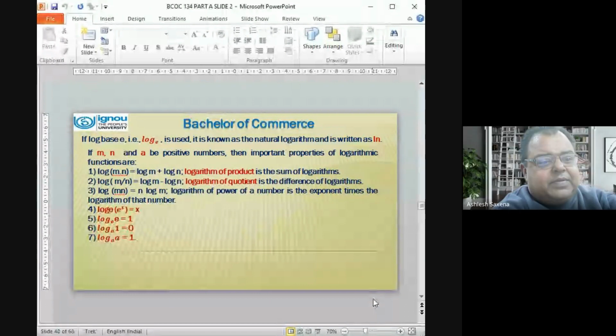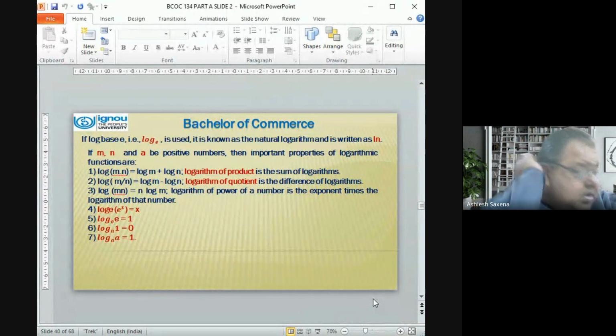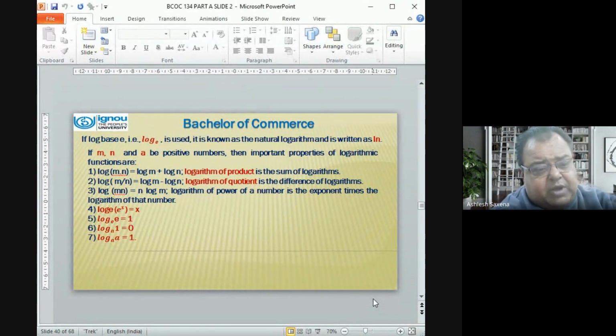Okay. Now see what the properties of logarithm are. First one, log mn. That means these two numbers are in product. What we will be doing when we open it is log m plus log n. Log of product is sum of logs. How to remember it?